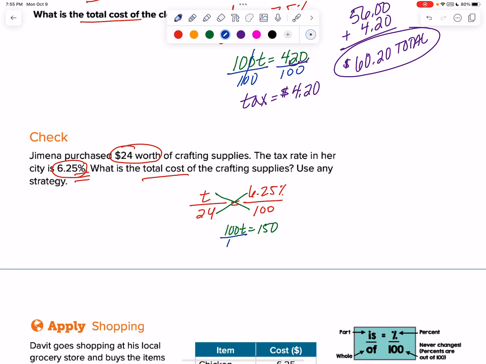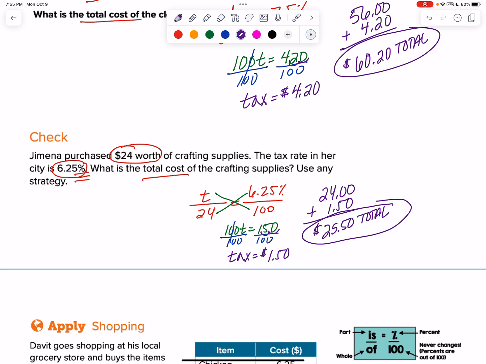And we're going to divide 100 on both sides. Cross that out, and we have a tax of swoop $1.50. There we go. What's the total cost? Well, it was $24 plus the tax of $1.50, and that puts us at a grand total of $25.50 total. And that's what gets circled.